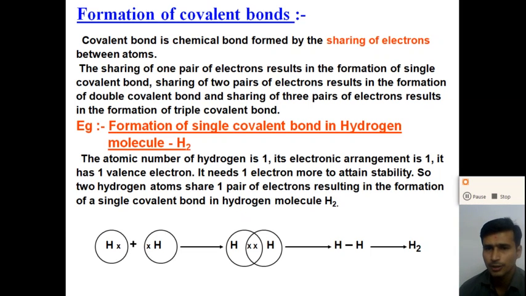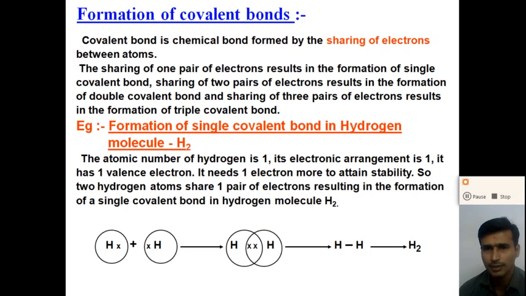And sharing three pairs of electrons results in the formation of a triple covalent bond. So there are three types of covalent bond: single, double and triple.